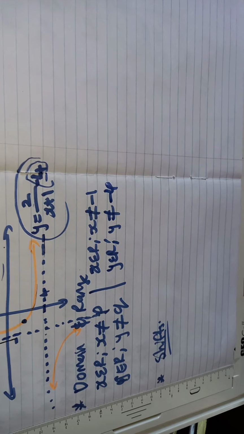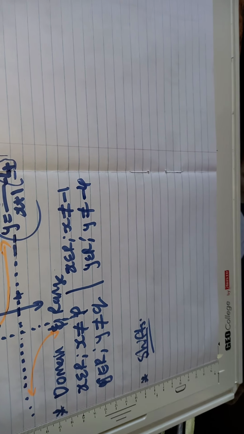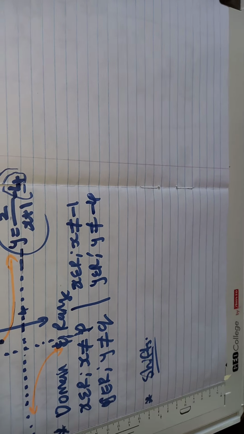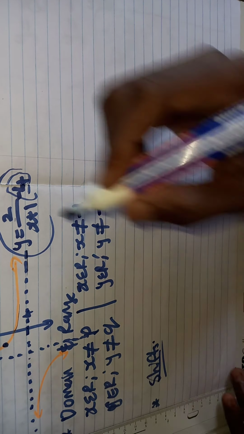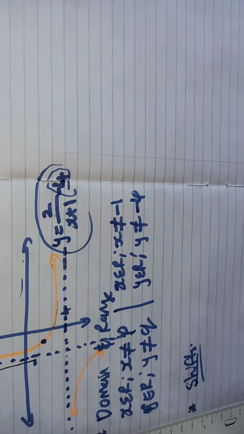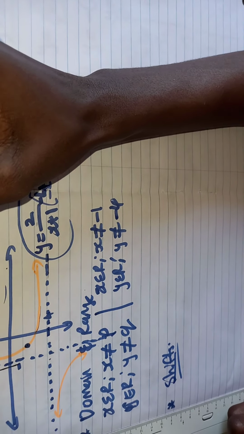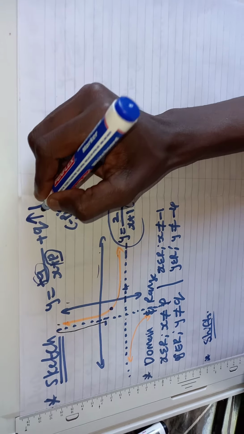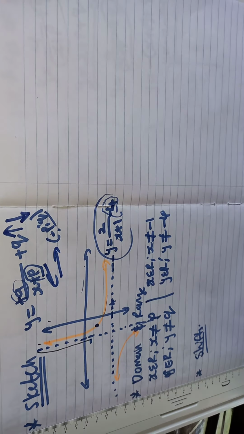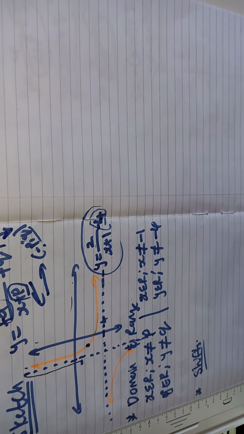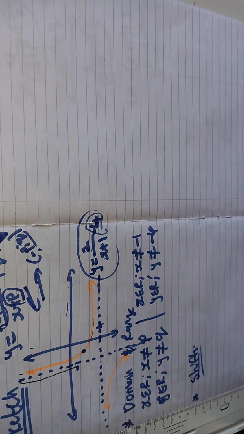Now let's focus on shifting, guys. To shift the graph, you're going to focus on p and q also. For p, we're talking about left and right, and for q, up and down.